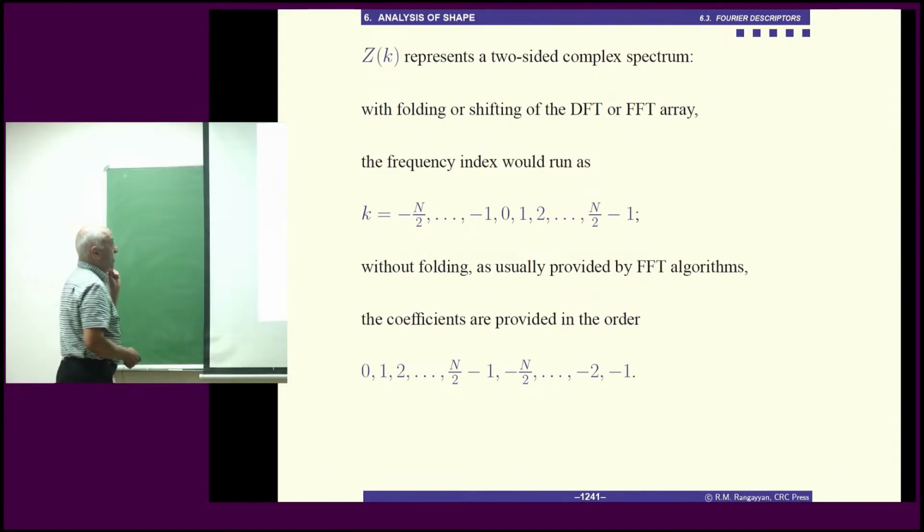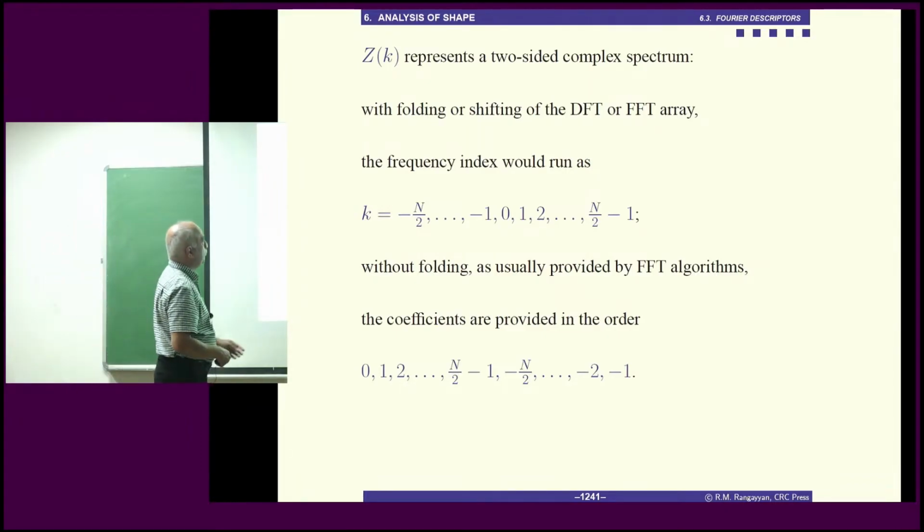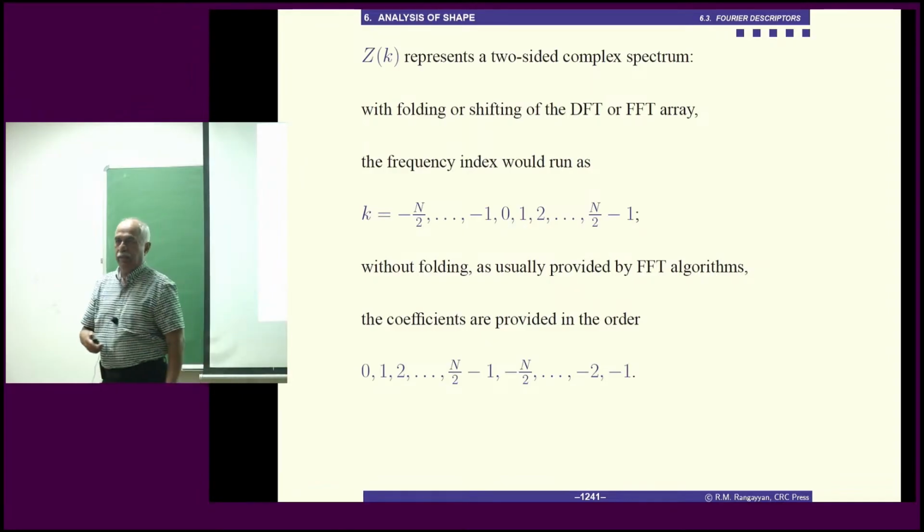Zk is a two-sided complex spectrum with folding or shifting of the DFT array. The index will run from minus n over 2 to plus n over 2 minus 1. The DFT may give you 0 to n minus 1, but you have to index properly. So the DFT may give you index like this, but rearrange it.